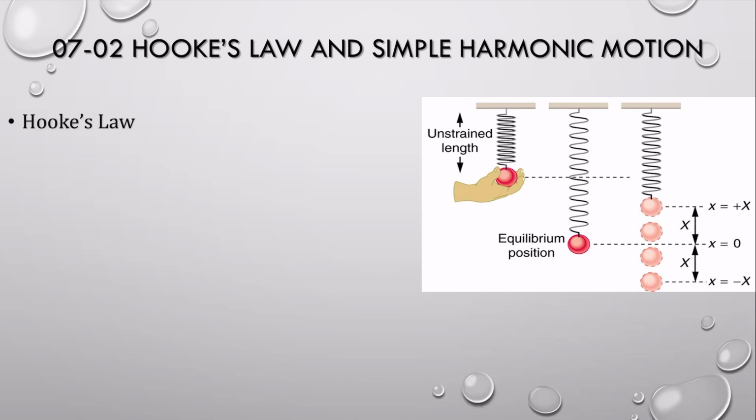We had Hooke's law back in the unit on forces. The force due to a spring was F = -kx, where k was the spring constant, and x was the distance it was stretched.